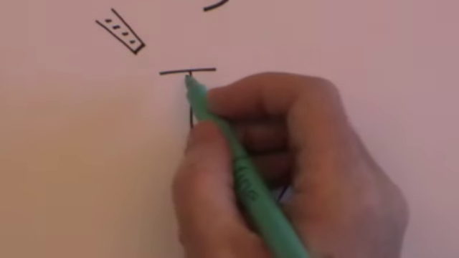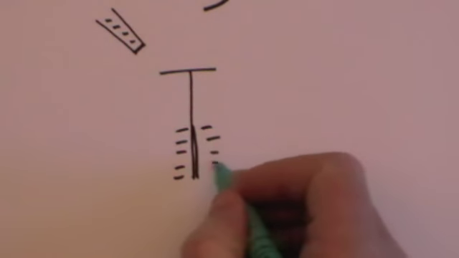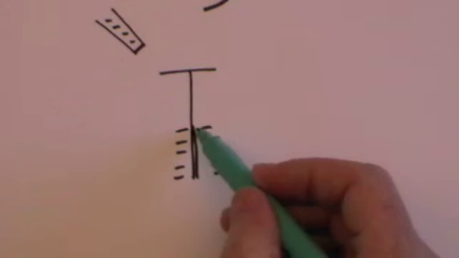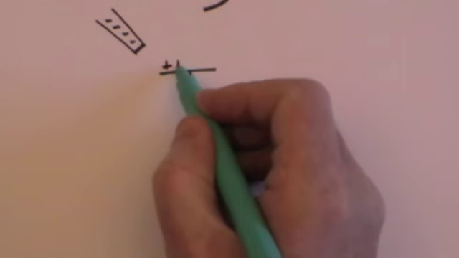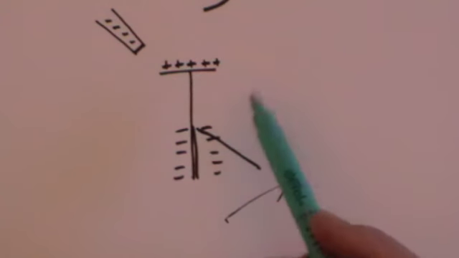That of course will mean that the electrons will be repelled down here. And that of course will mean that the gold leaf will move out, because the two sets of electrons will repel one another, and it will leave positively charged atoms up here, because the electrons have been repelled from the top down to the bottom, leaving positively charged atoms at the top.